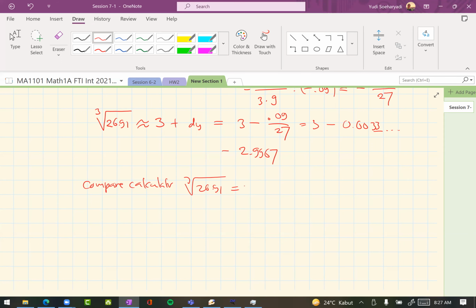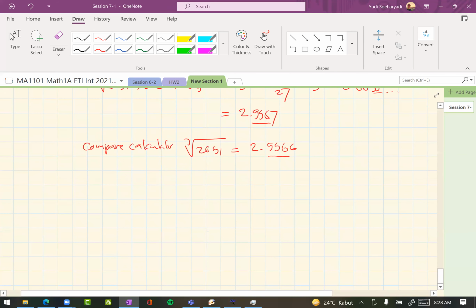Do you have a calculator? Can I compute? The answer for the calculator is 2.9966. Right, so at least it is correct until three digits behind zero. Okay. That's good enough. All right, any questions?